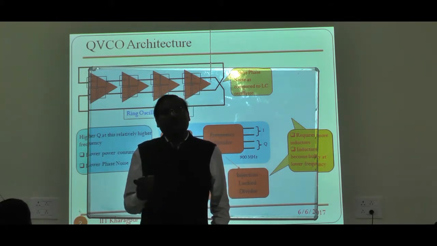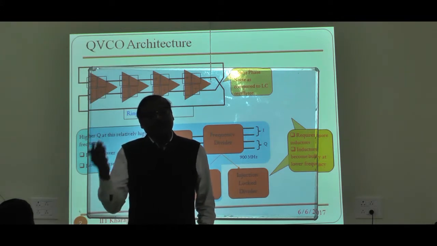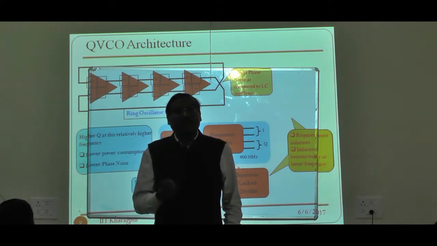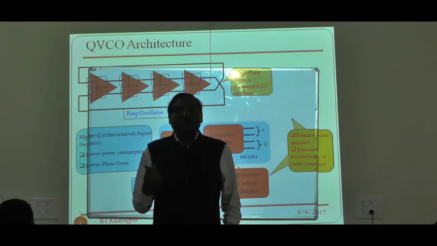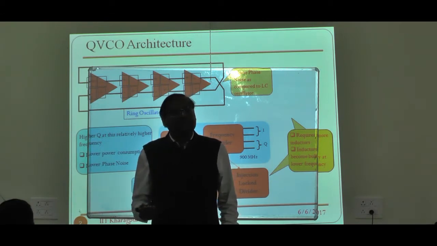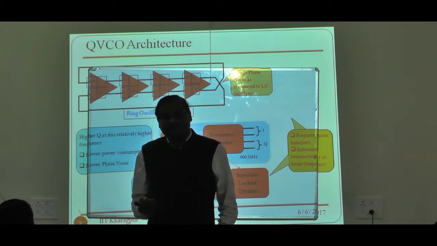It is better to have a local oscillator at twice the required frequency. Suppose you are designing a 2.4 gigahertz ZigBee transceiver, then your local oscillator you design at 4.8 gigahertz, and then you divide it by 2 so that you can get I and Q, that is the in-phase and the quadrature-phase components at 2.4 gigahertz very easily.